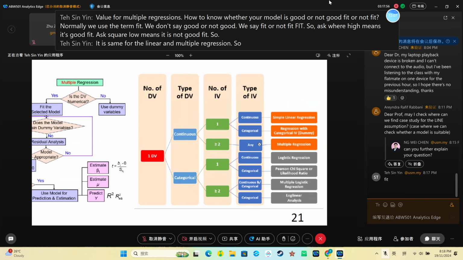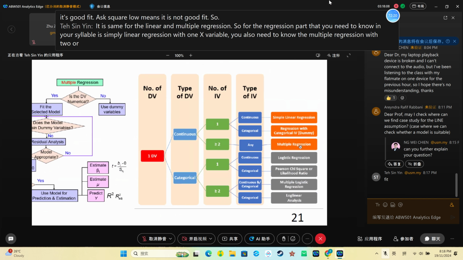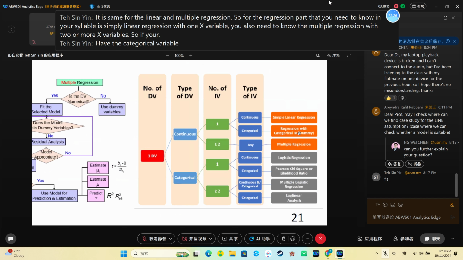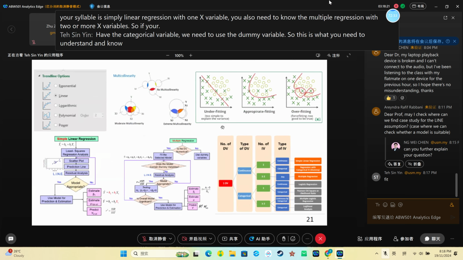The regression types you need to know in your syllabus are simple linear regression with one X variable, and multiple regression with two or more X variables. If your variables include a categorical variable, we need to use a dummy variable. So this is what you need to understand for this chapter about regression and the trend line.